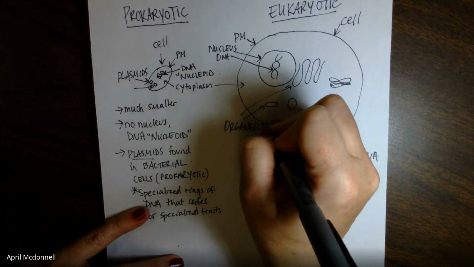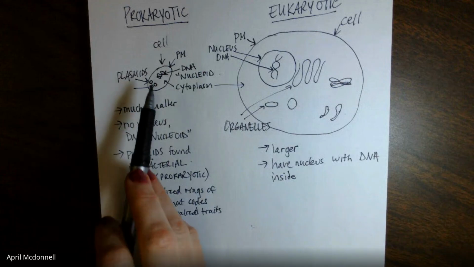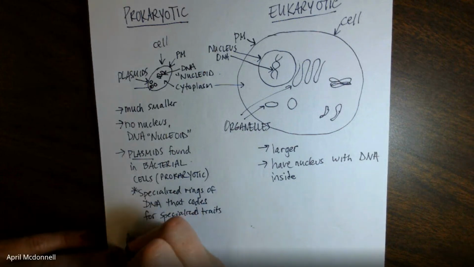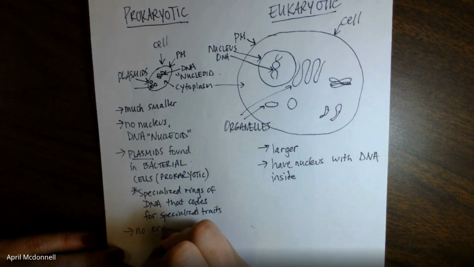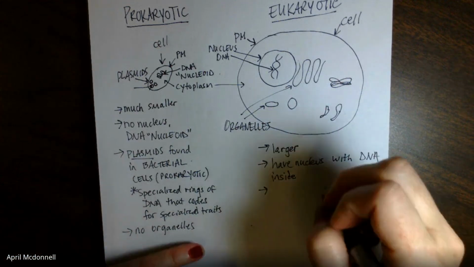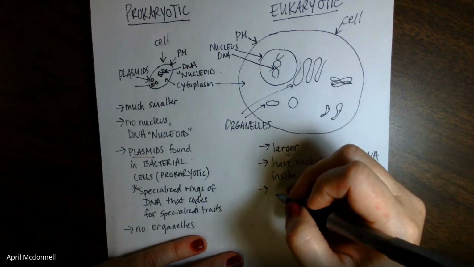Prokaryotic cells are so small that they do not contain the organelles. So that's going to be another difference between the prokaryotic and eukaryotic type of cell.